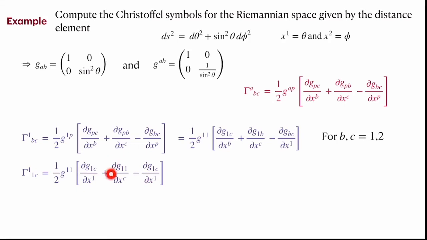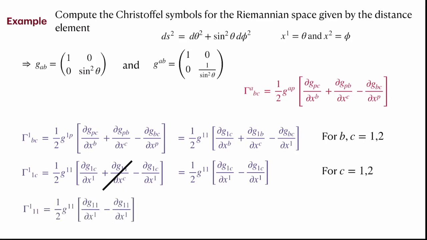Now we see that g11 here is a constant, so if you differentiate it with anything, it is going to give 0. So we can get rid of that term. We end up with a term of g^11 times the differentiation of g1C with respect to x1 minus the differentiation of g1C with respect to x1.